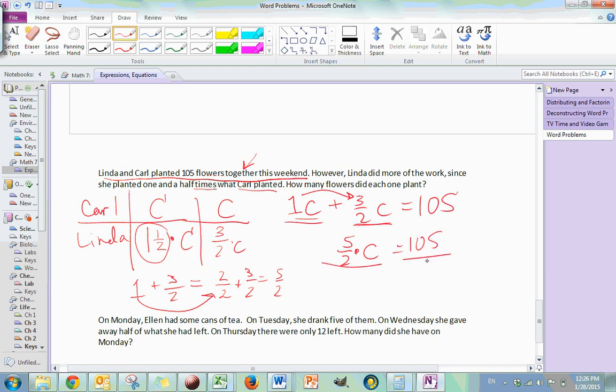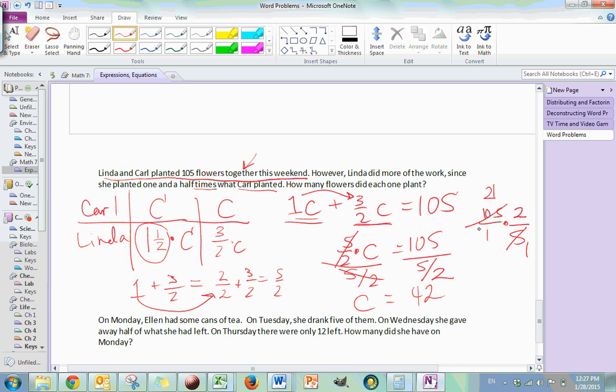And then you just divide both sides by 5 halves. It's as simple as that. Those cancel. C equals, okay, you take the 105 over 1, and we're going to multiply by the reciprocal. Cancel out a 5, I get 21 once I cancel that out. And so I get C equals 42, which is 21 times 2.